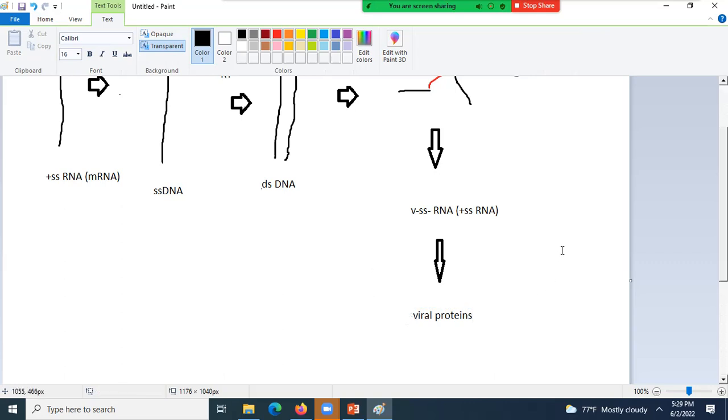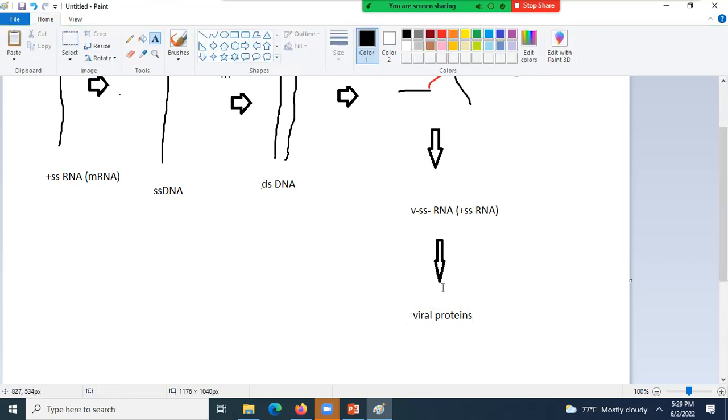So the viral RNA will move into the cytoplasm to make the viral proteins. And then the viral proteins will get together with the viral genome.